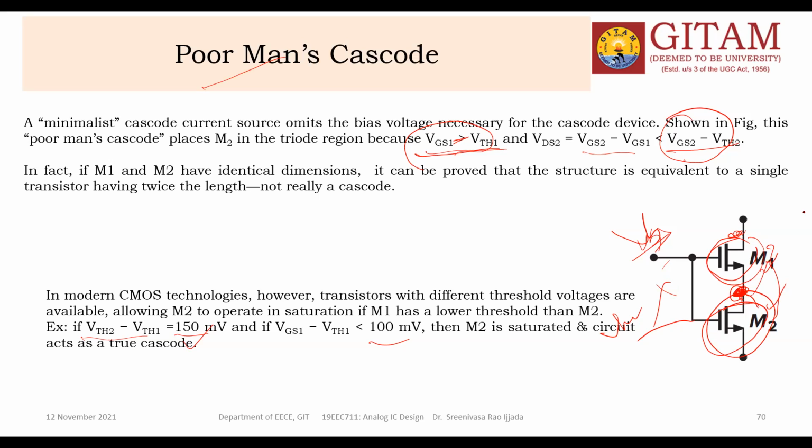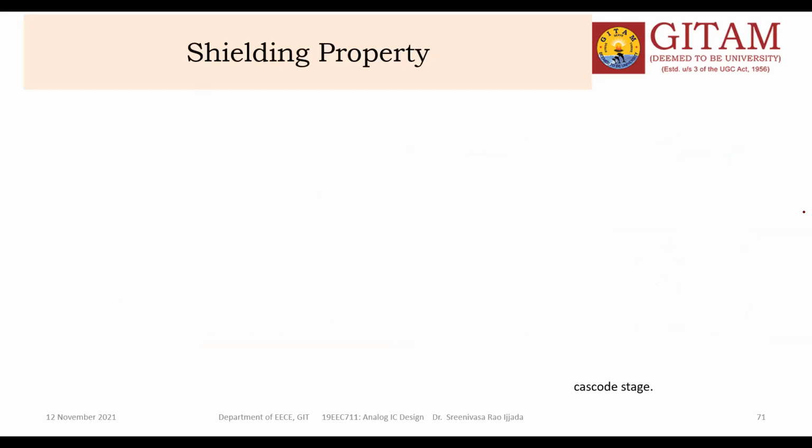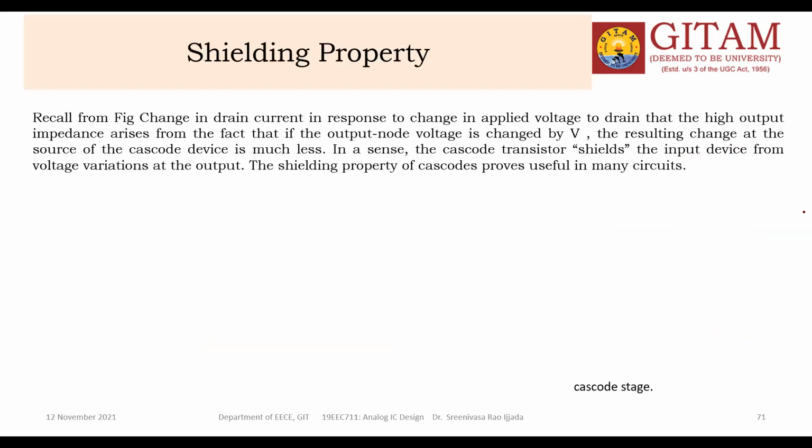Shielding property. We have already seen the change in drain current in response to a change in the voltage applied to the drain, and that the high output impedance arises from the fact that if the output node voltage is changed by V, the change at the source is much less.